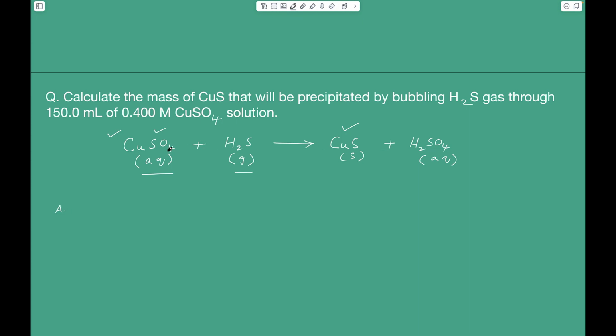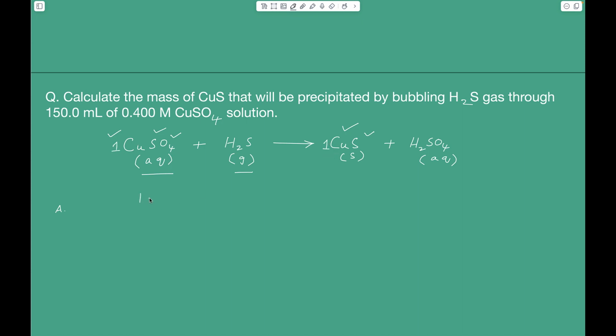See, obviously to answer this question we have to look for a relationship between the reactant copper sulfate and the product copper sulfide. And the stoichiometric coefficients of both are 1s.